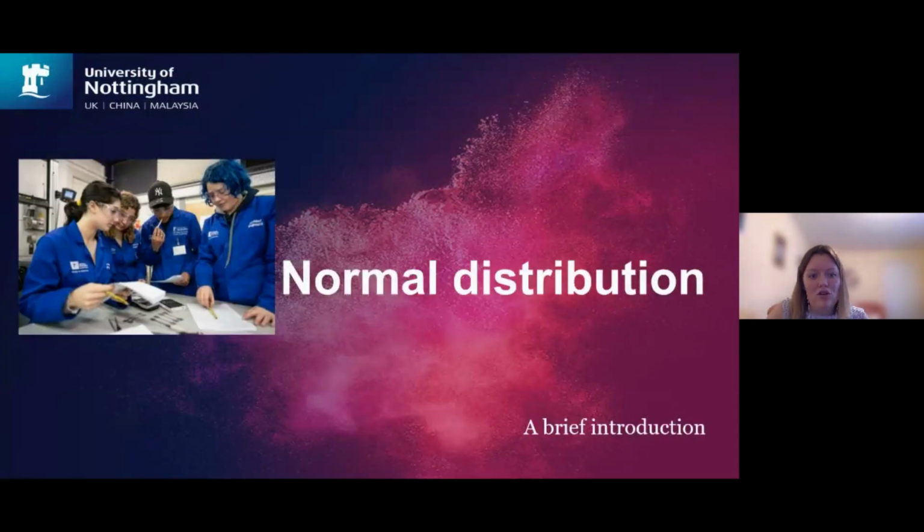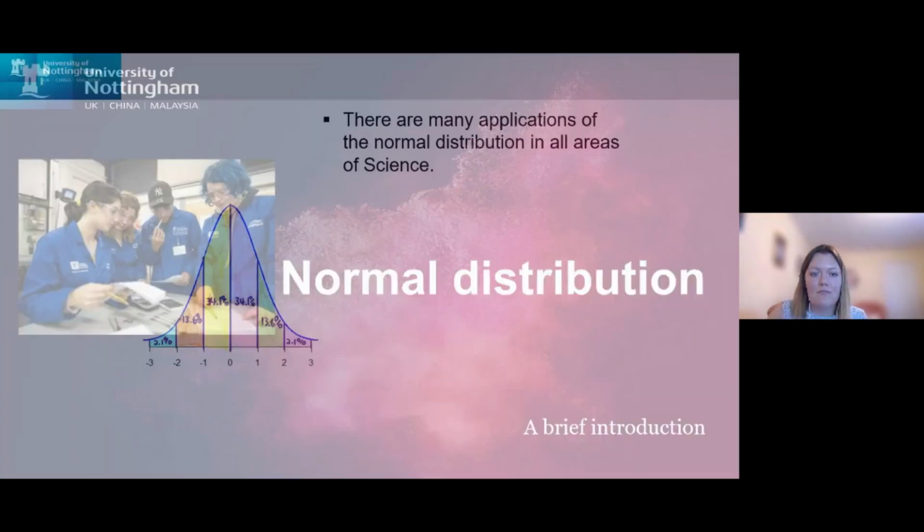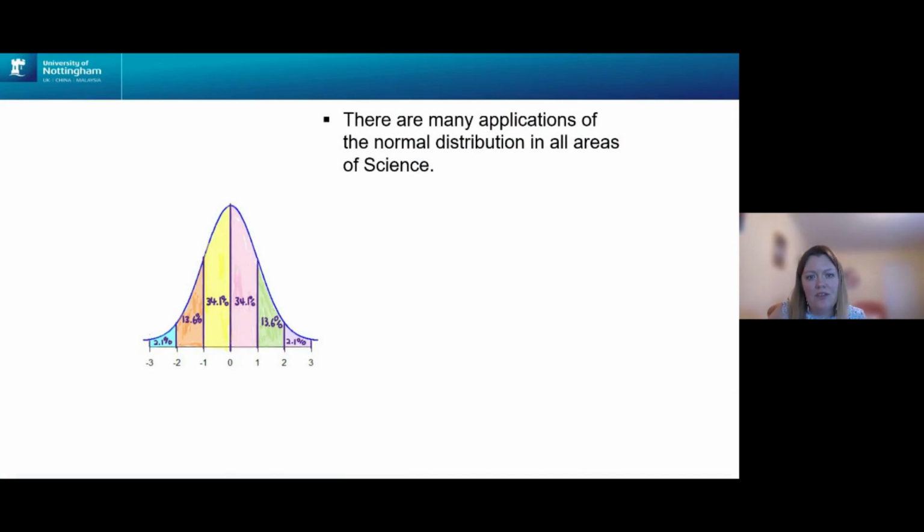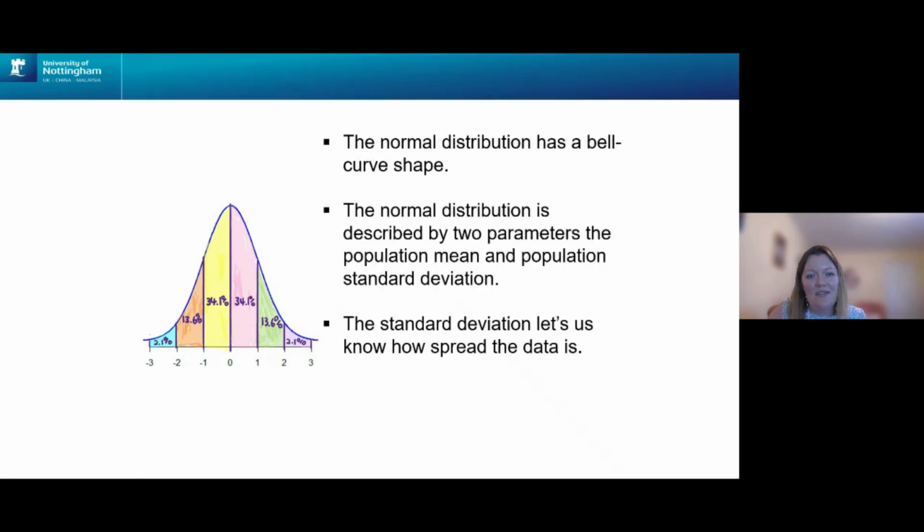So we're going to look at the normal distribution now. There are many applications of the normal distribution in all areas of science. The normal distribution has a bell curve shape. We can see it's got this bell curve shape with a maximum here.